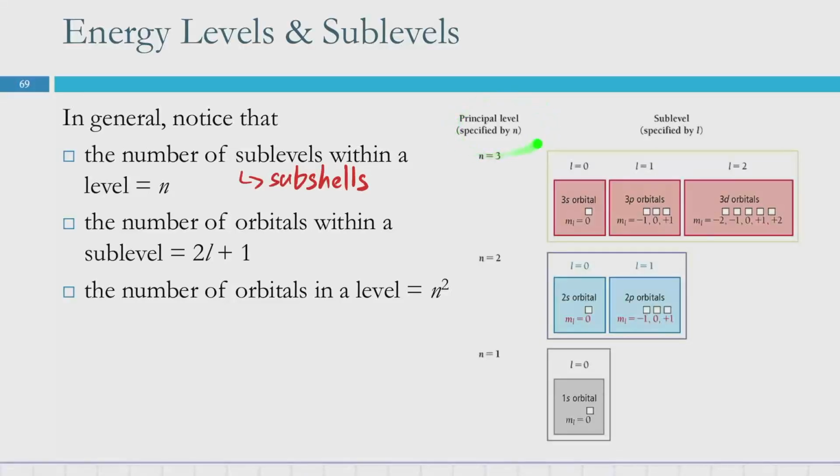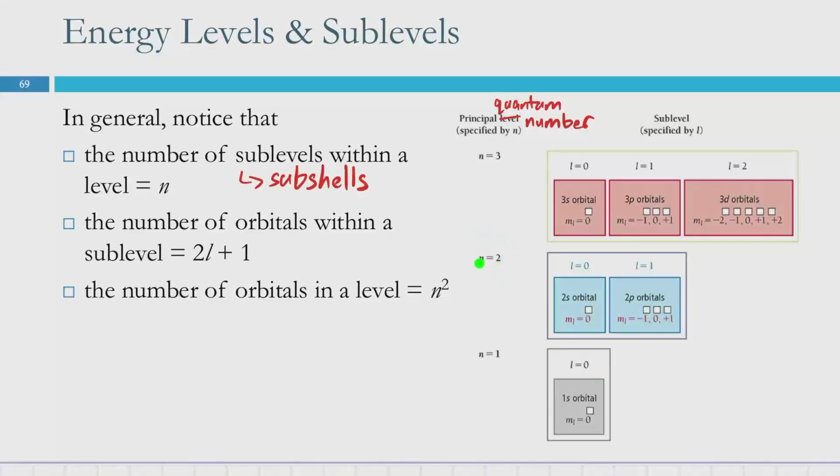So if we look at this chart, our principal quantum number, n, is over here on the left, and then we've got different sublevels. So for n equals 1, that's our lowest energy principal quantum number. Our only value for L is 0.